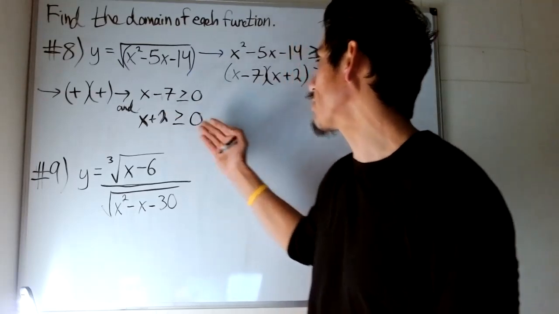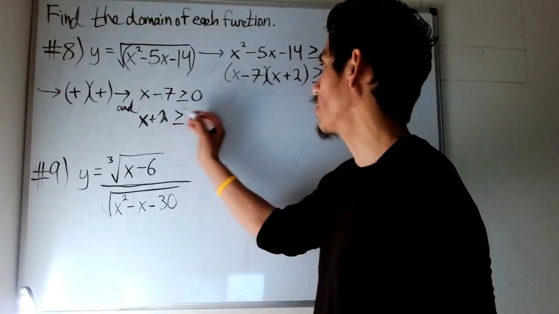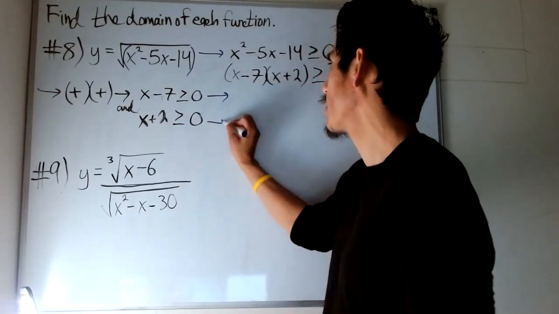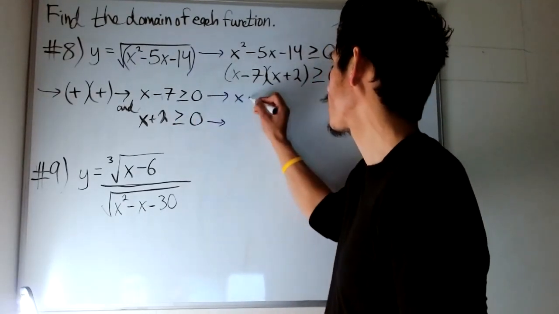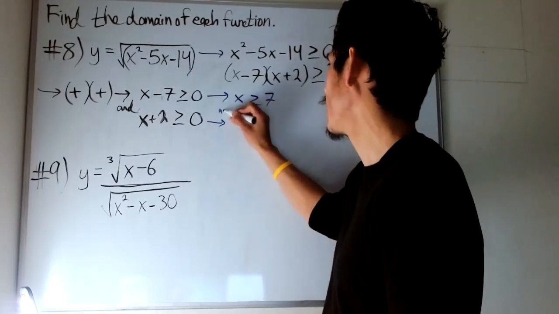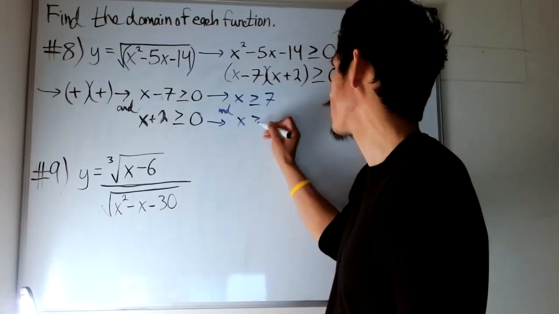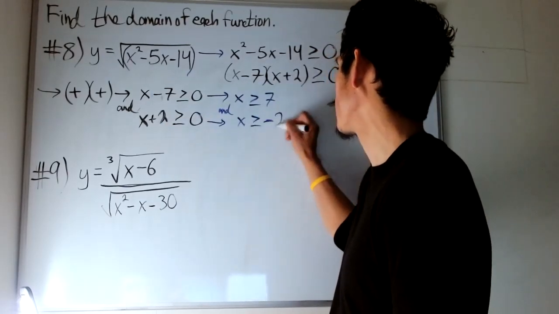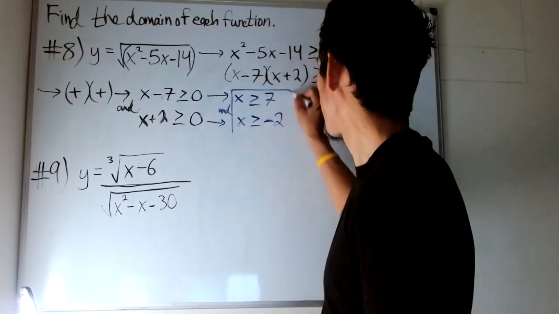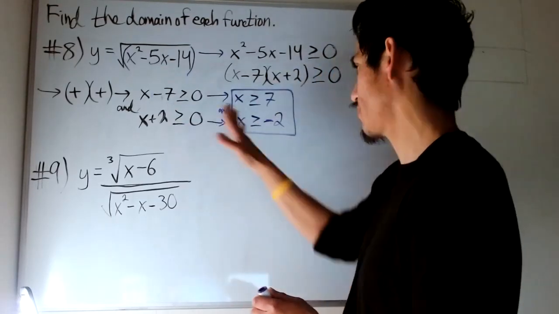They both have to be greater than or equal to 0 at the same time. So from this, that means that x has to be greater than or equal to 7, and x has to be greater than or equal to negative 2 in this case.